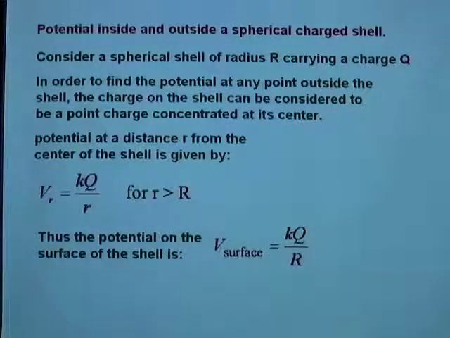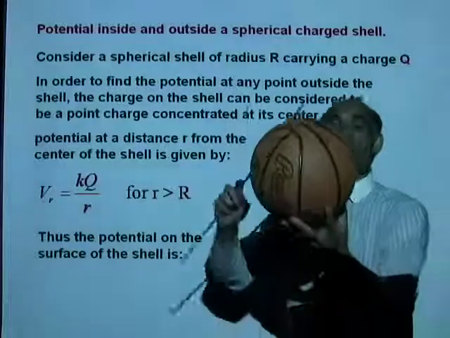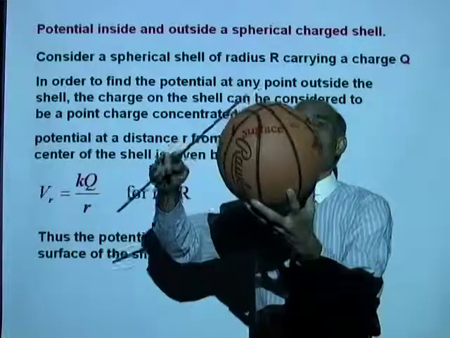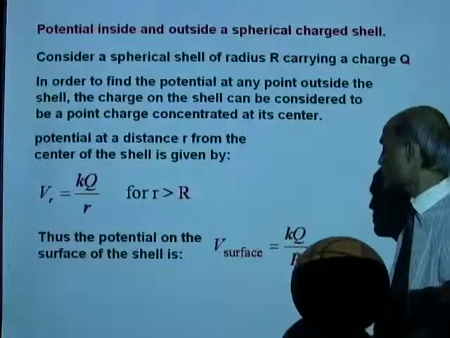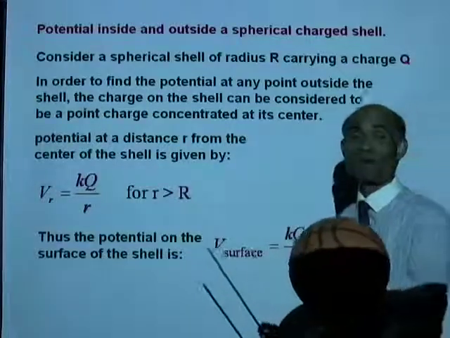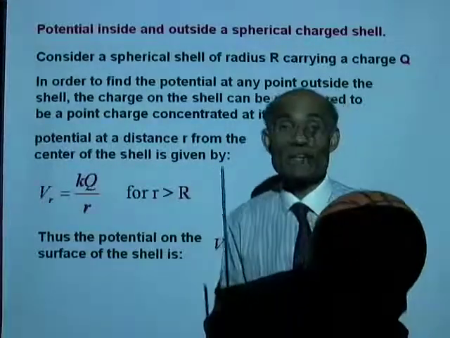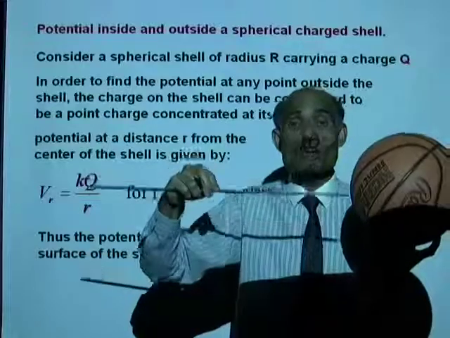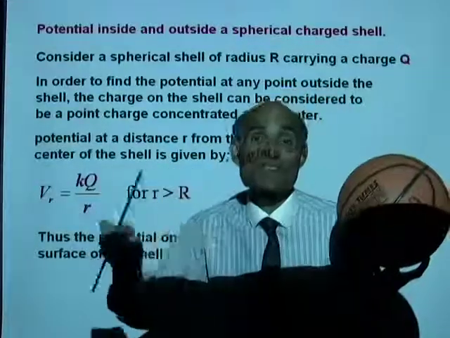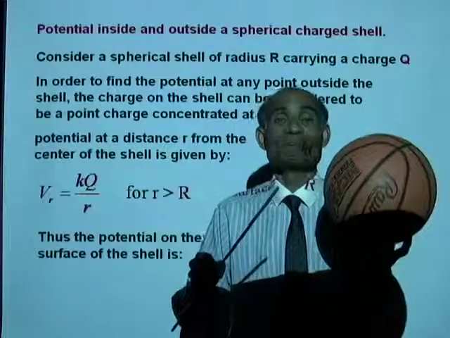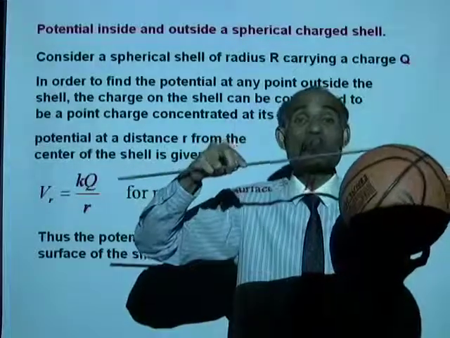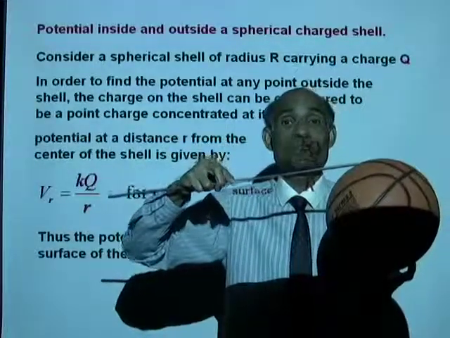All right, now tell me, we just found out that the potential at any point on the surface is kq divided by r. And we also said earlier that the potential inside the shell is a constant. Now what will be that constant value? It will be the same as the potential on the surface.